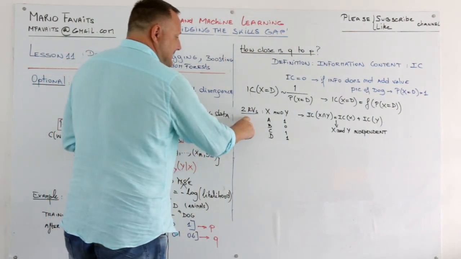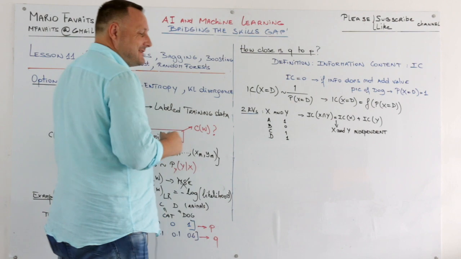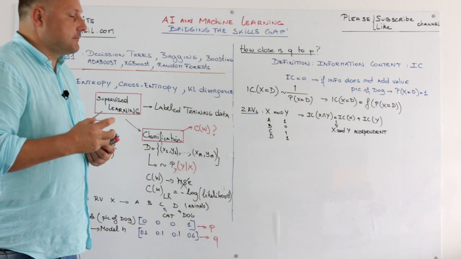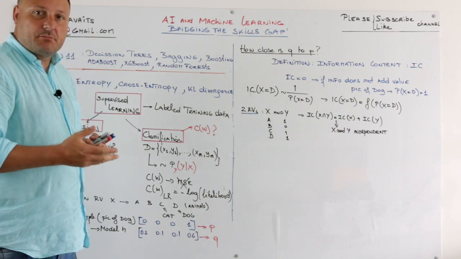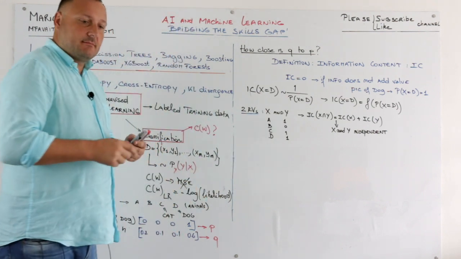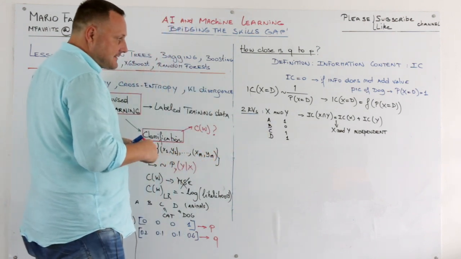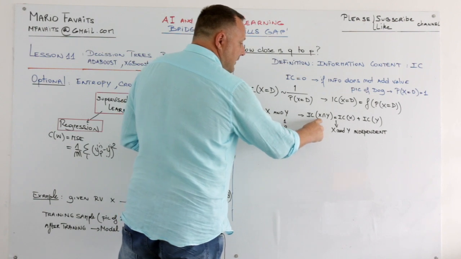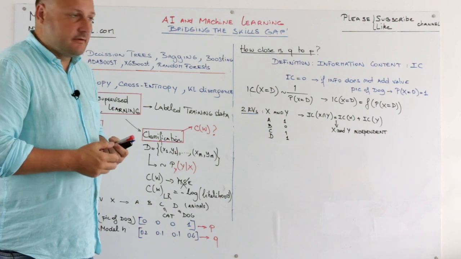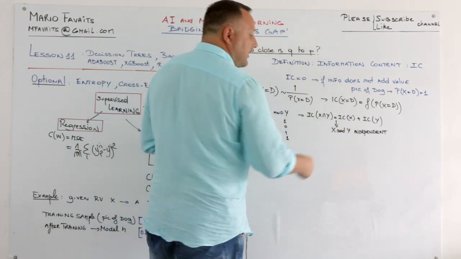Now let's take a scenario where we have two random variables. We have X, again our animals A, B, C, D, and we have Y. Y gives you the information whether that animal lives in Singapore or not. One means that we can see these animals in Singapore. A 0 means we cannot. So in this case, the information content of X and Y is the same as the information content of X plus the information content of Y. This is if the random variables are independent.